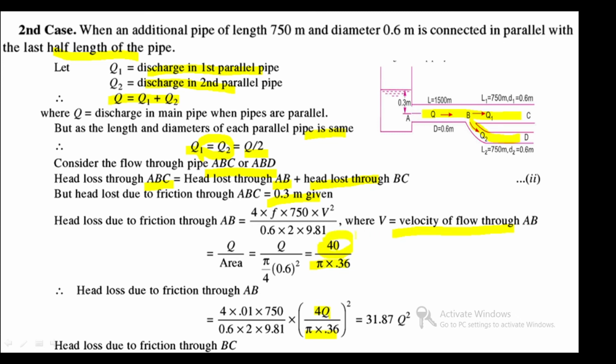How is it 4Q? Here Q1 equals Q by 2, so Q by 2 with pi by 4 converts to 4Q.